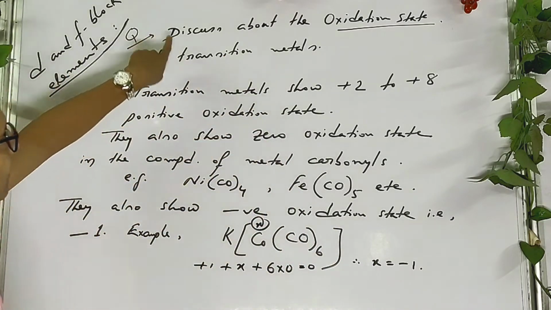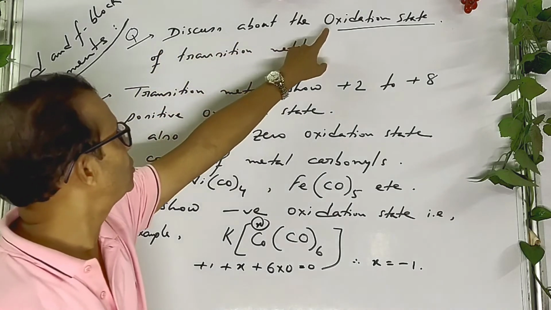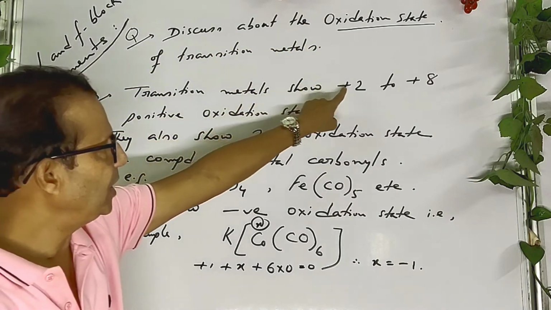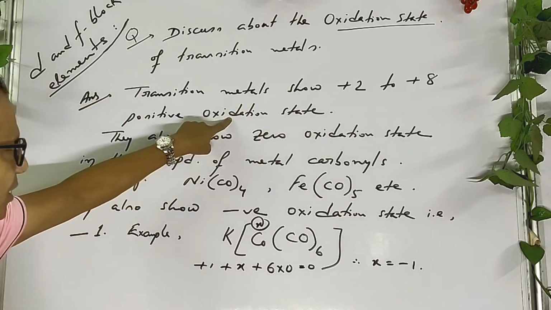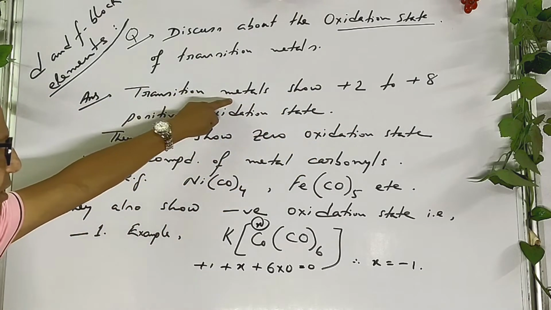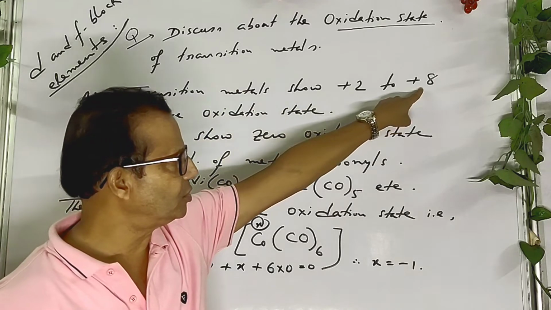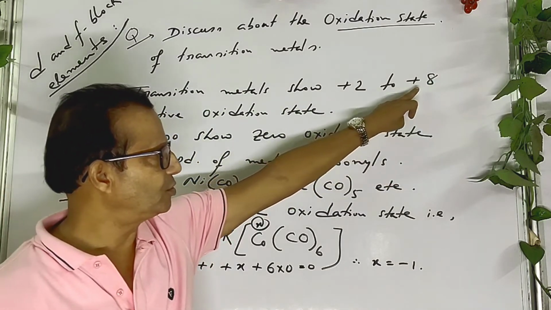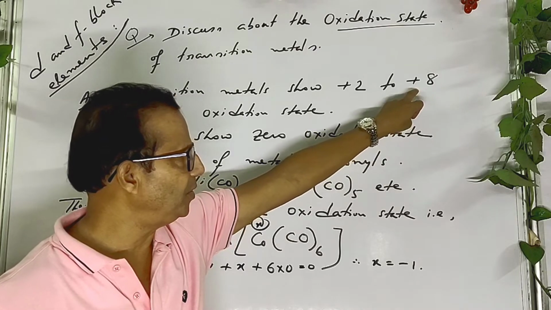So listen, let's discuss the oxidation state of transition metals. Transition metals show +2 to +8 oxidation state. That's the positive oxidation state. The highest oxidation state of transition metal is +8, which is shown by ruthenium and osmium.